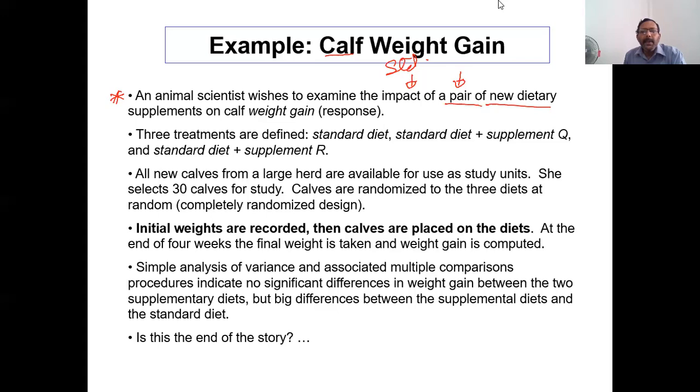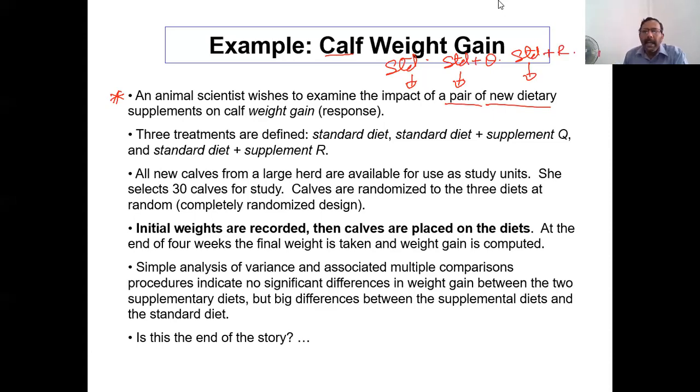The first new diet is standard diet with supplementary Q. The second new diet is standard diet with supplementary R.